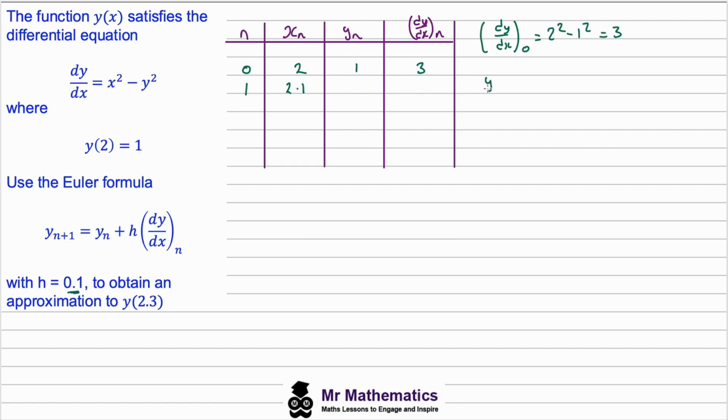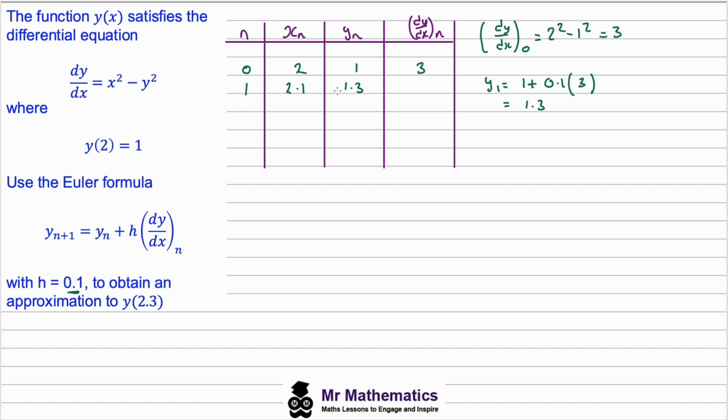We can work out y1 as the previous y value, so this 1, plus h times the previous gradient. And this will give us 1 plus 0.3, 1.3. This will be y1. Now we can work out the gradient at this point.